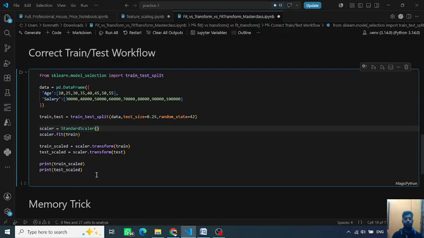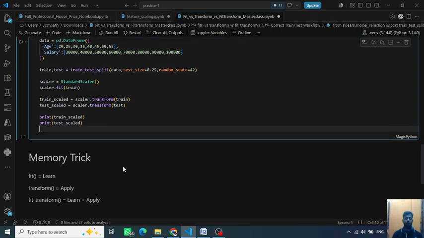Okay, so this is the logic. Fit is learn, transform is apply, and fit_transform is learn plus apply.